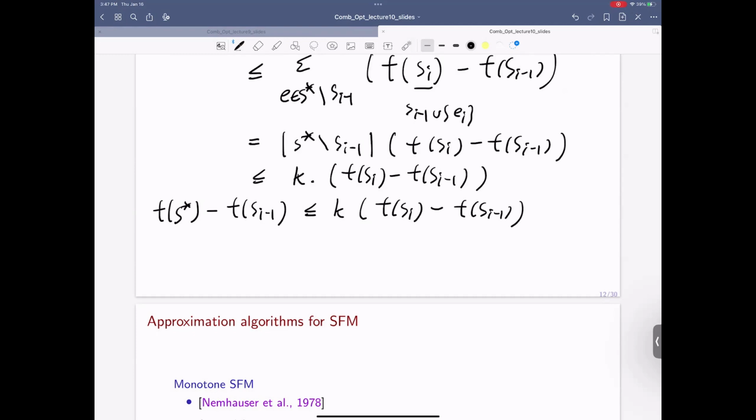Now I'm going to move K times f of Si to the left-hand side and f of S(i-1) to the right-hand side.